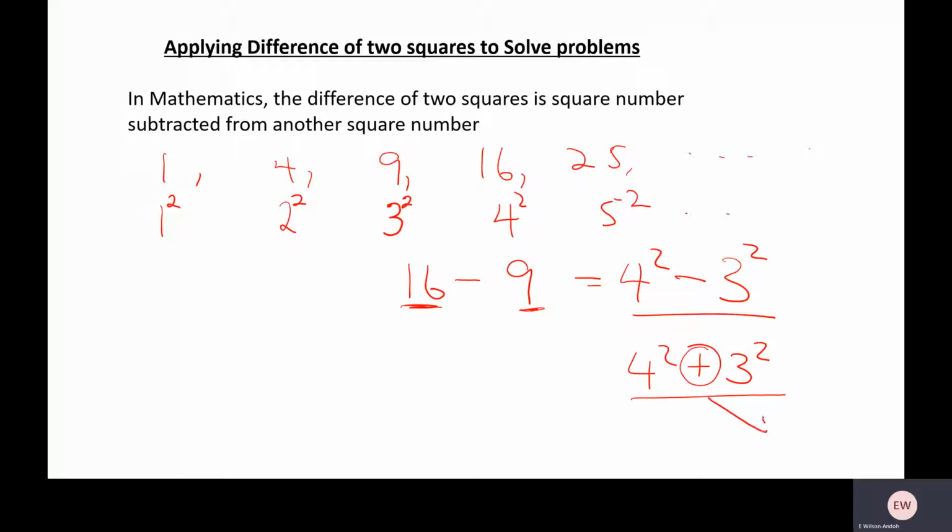So this one cannot be difference of two squares. So we are going to look at some examples and see how we can solve problems that are difference of two squares.